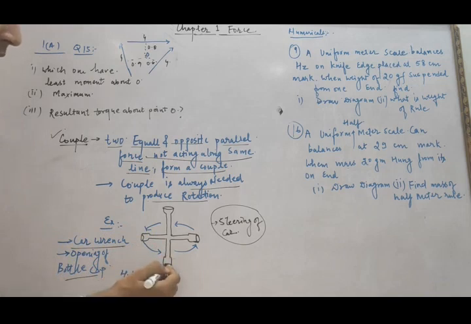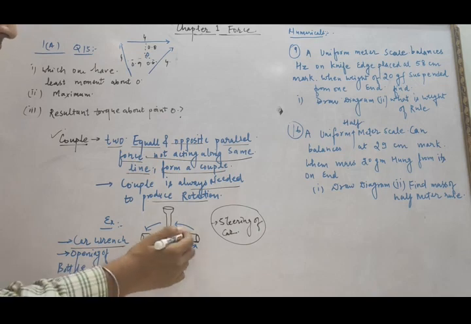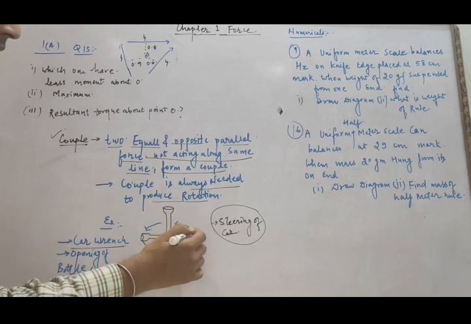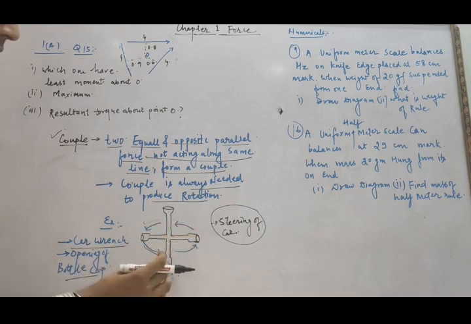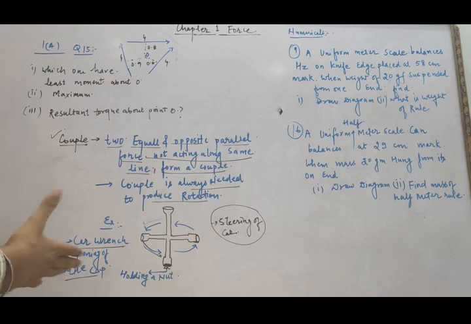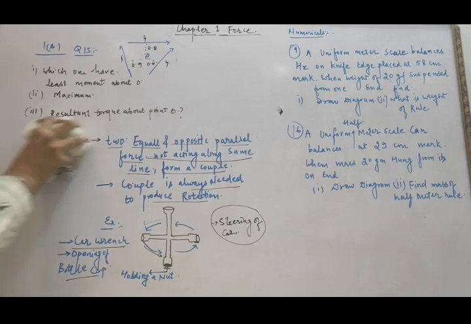We fix our nut at this position and rotate the wrench in a circular direction, so a couple is produced and the nut will be opened. Opening and closing of a water bottle is another example of a couple.